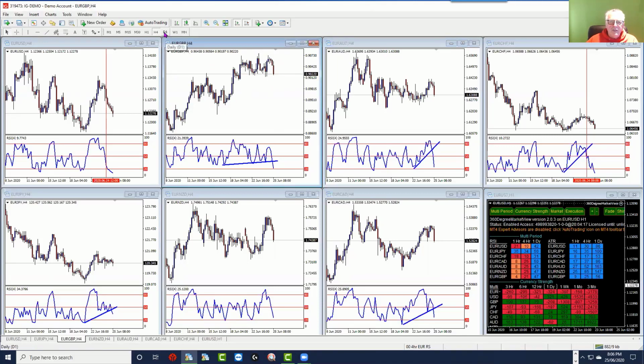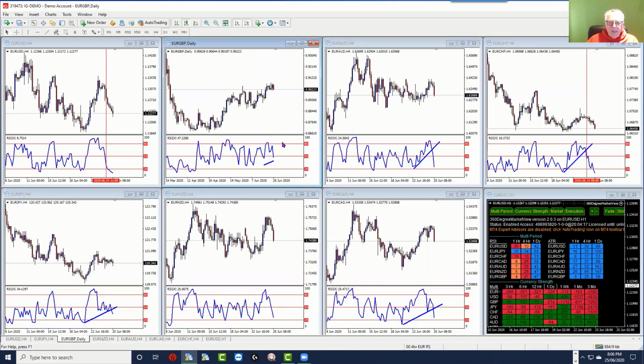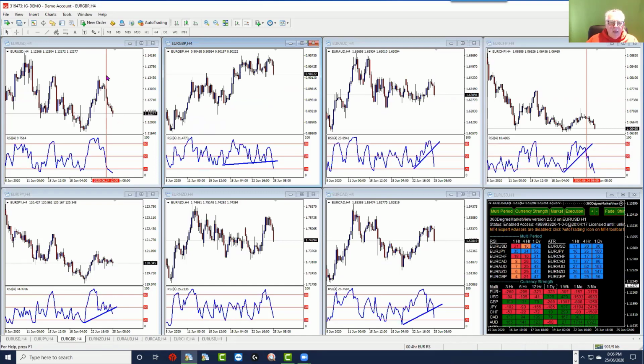You literally just change the time frame, and you'll see that on the daily chart it is not really a great trade, because here's the trend going up. That movement is actually against the trend, and there are no real great signals on the RSI.